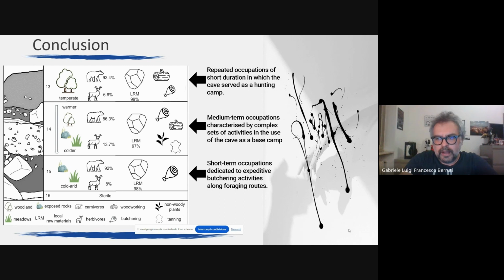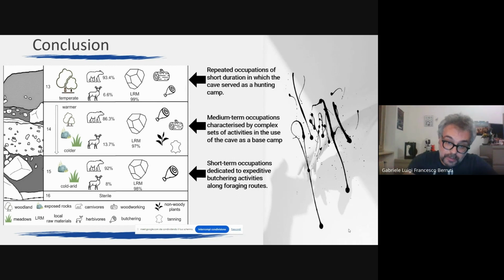We see a degradation of the landscape and the climate. You can see there is a lower percentage of carnivores and more herbivores. The use of local raw material decreases, only by 2%, but this is important. And we can see a lot of different activity.